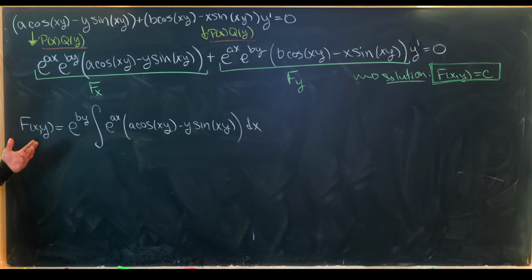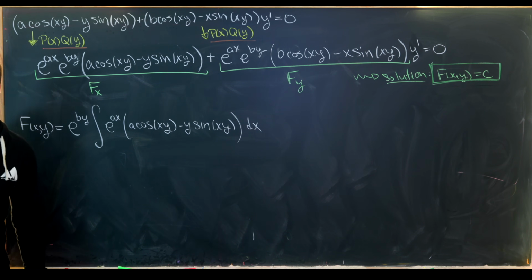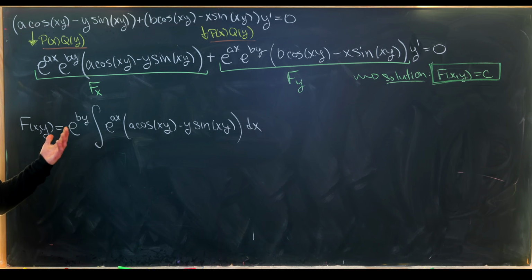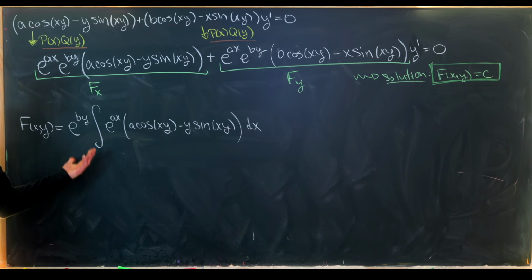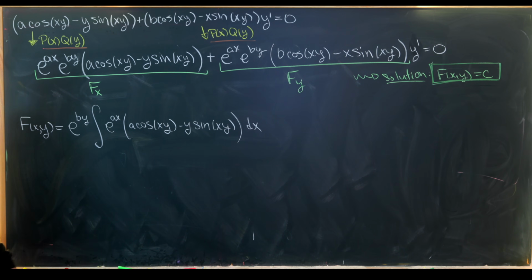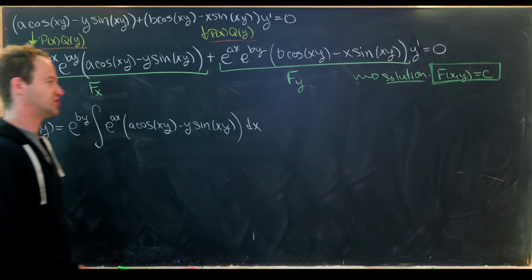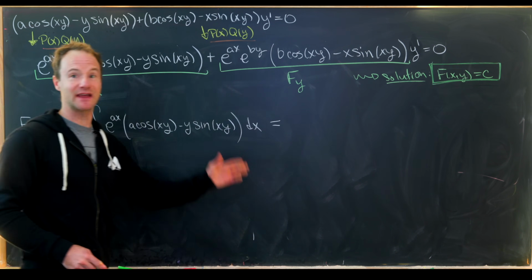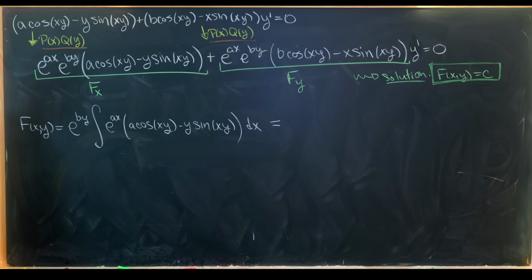But now what's the antiderivative here? I'm not going to go through all of those details because this video is quite long, and this would require almost 20 minutes on its own. There are quite a few tricks that go into this, so I'll just jump to the answer. This is a prerequisite for a differential equations class, so I don't feel too terrible about it.